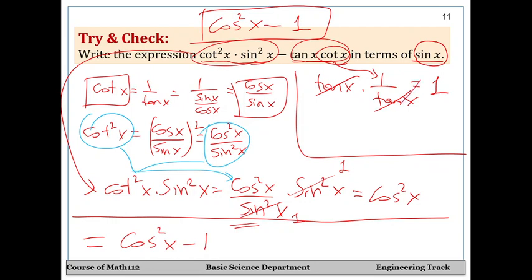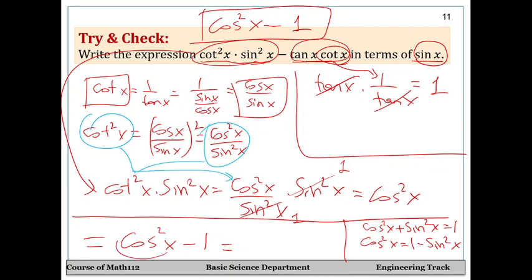But the question here: can I write it in terms of sine x? Now, how? We can use this fact here. Cosine squared x is equal to 1 minus sine squared x, right?